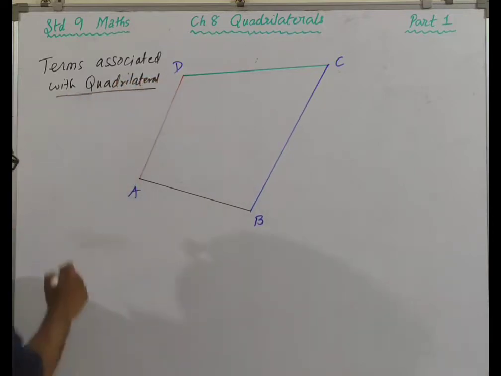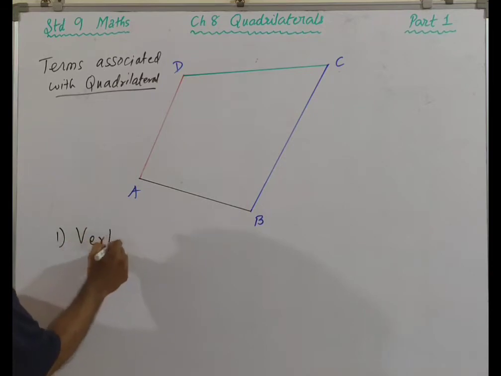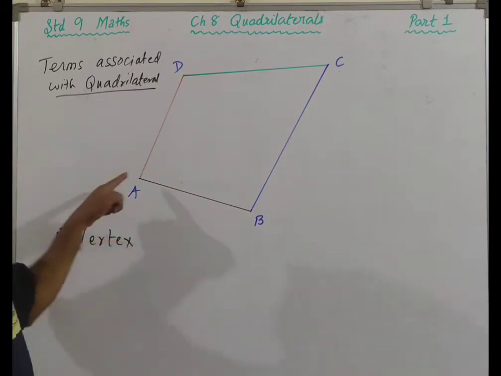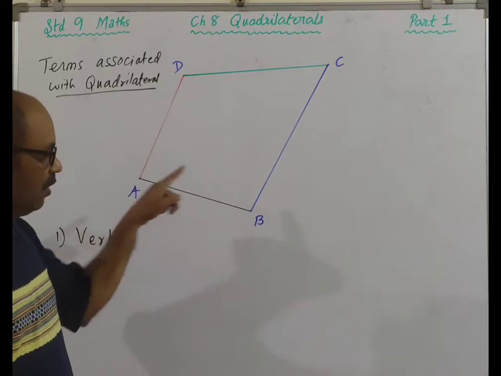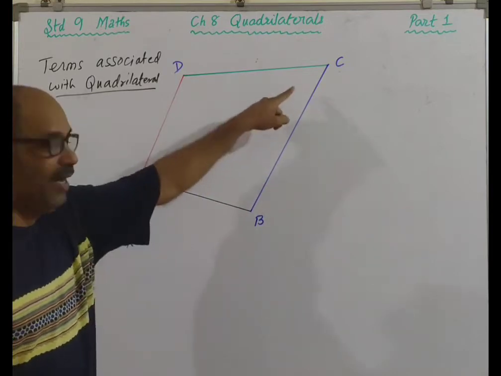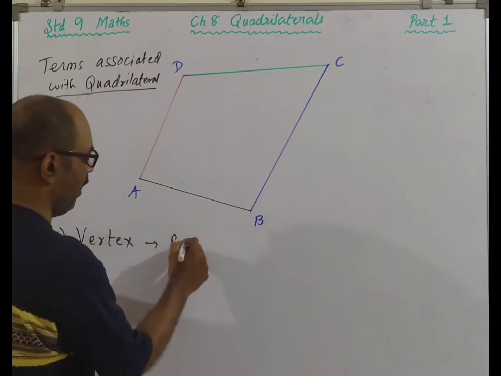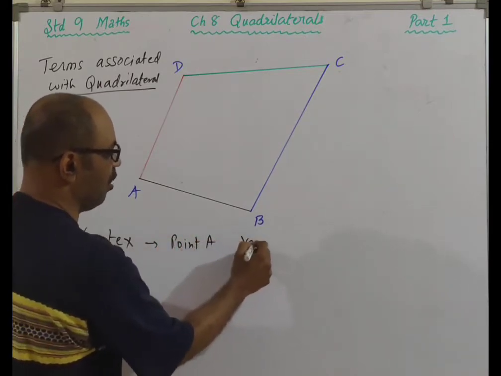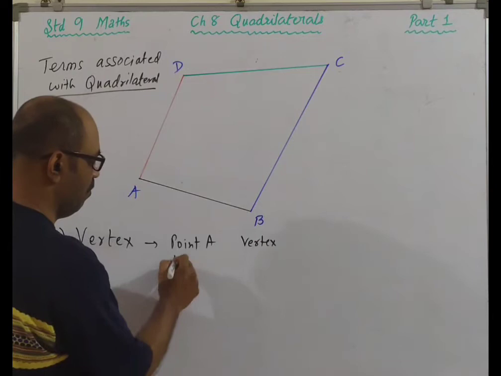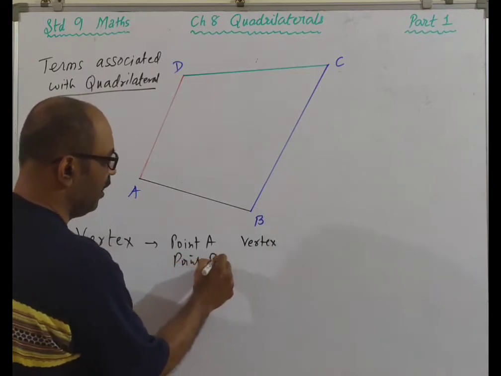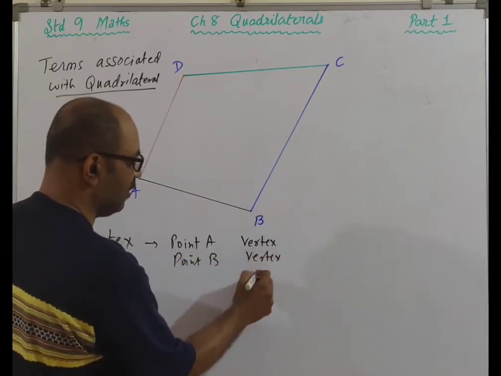All right. First term, let's say vertex. This is point A, point B, point C, point D. Point A is called a vertex. Point B is also called a vertex.